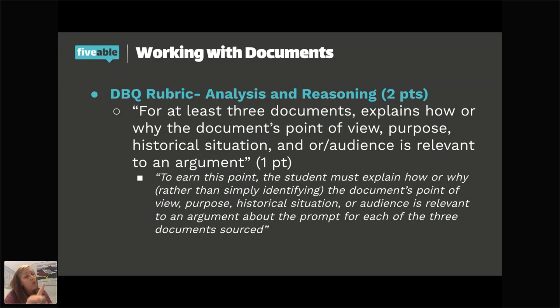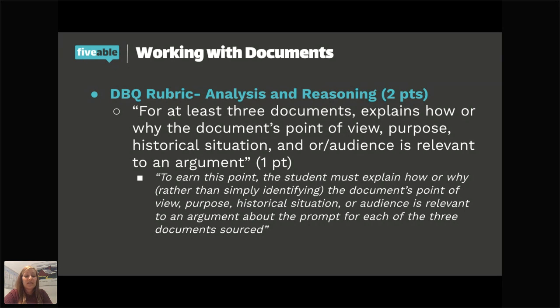You only have to do 1 of those for 3 documents, and it doesn't have to be the same one. You don't have to do point of view 3 times on 3 different documents. Maybe document 2, you analyze the author's point of view. Maybe document 4, you analyze the author's main purpose or intended purpose. And maybe for document 6, you're looking at the historical situation.